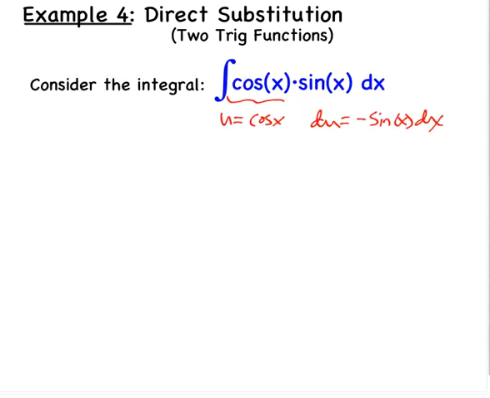Well, +1 is equal to -1 times -1. So I would have to introduce both -1s in here, and one of them I would attach to the sine, and one I would put out in front of the integral. So I can rewrite this.